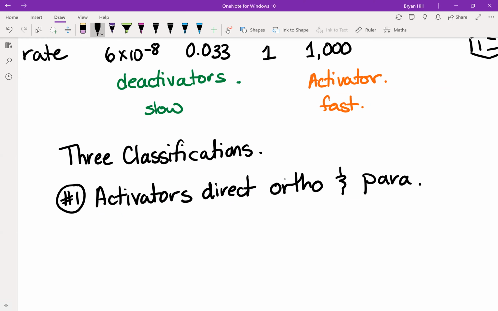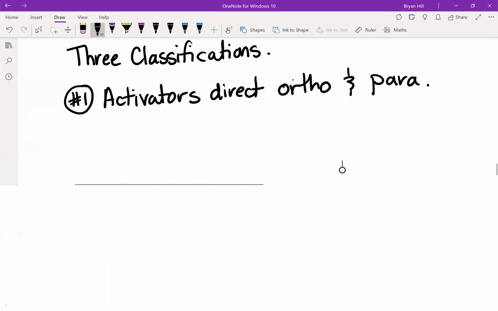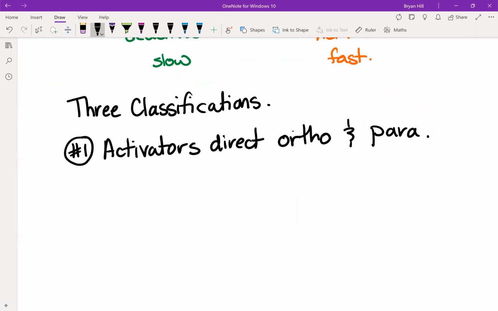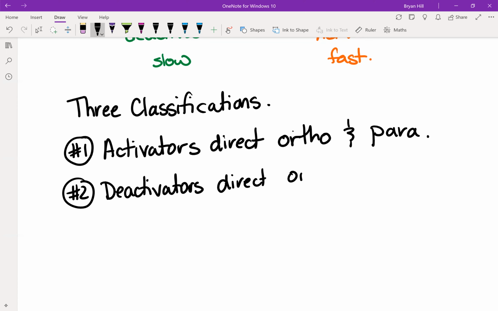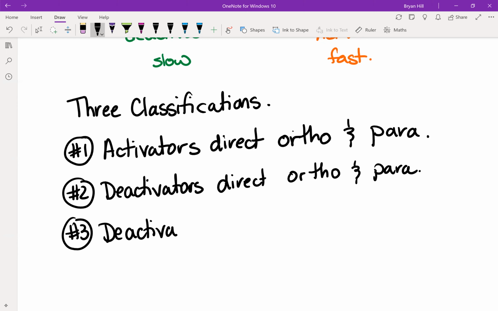There are basically 2 types of deactivators. There are deactivators that direct ortho and para. And then there's deactivators that direct meta.